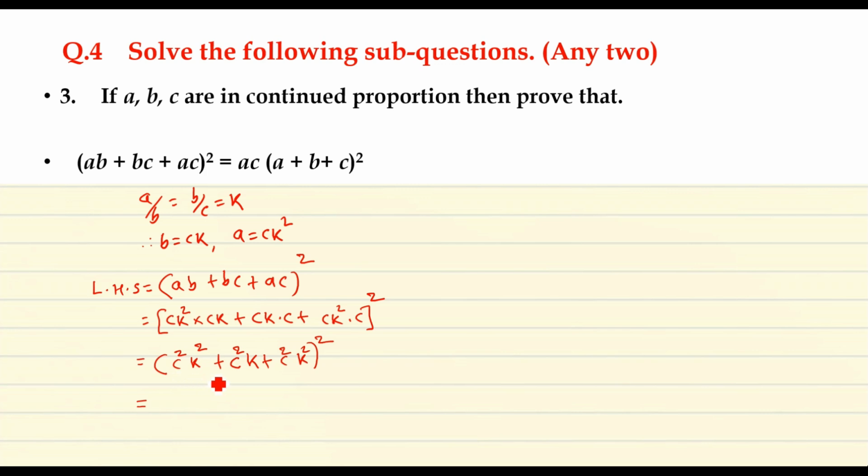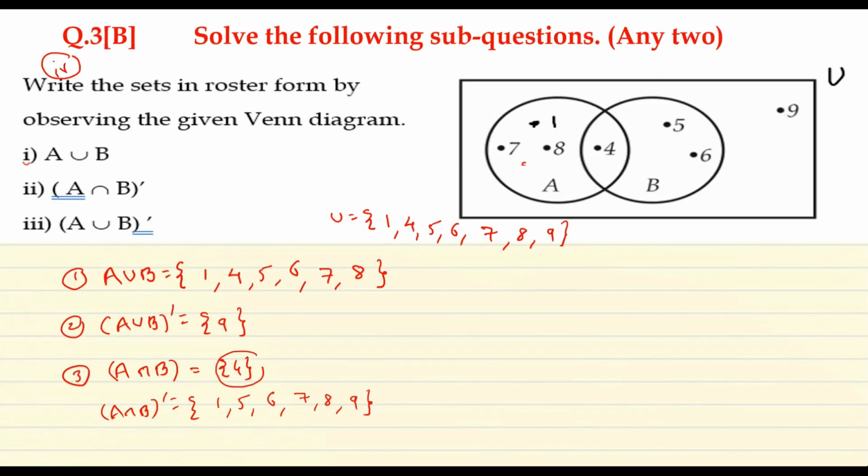Now here what we can do, c square is present in all, so we'll take c square common, and we have k square, k also common, so here it remains 1, k, here it remains 1, and here k square, and we have taken c square k common. You can show that the left hand side is equal to the right hand side, try it by yourself. So this is about the question number.